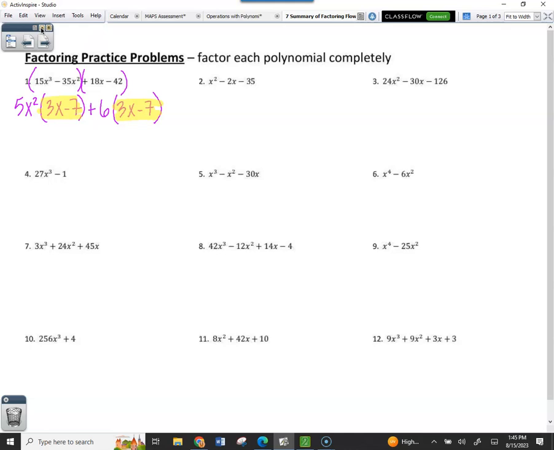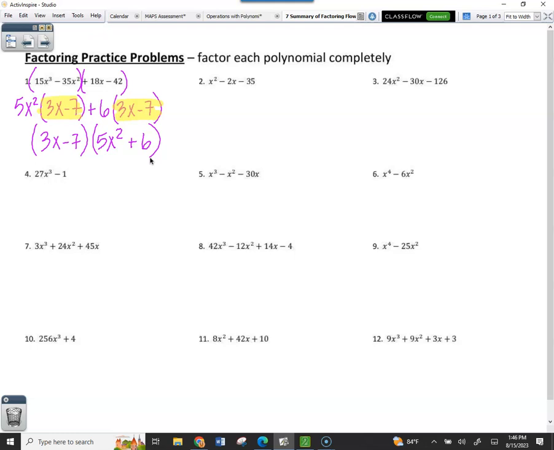I'm going to visualize pulling that to the front like a GCF. And as I pull it to the front, I would be left with 5x squared plus 6. Visualize the yellow being picked up and pulled to the front. And you only write it one time because it's a GCF. And then you would be left with 5x squared plus 6.